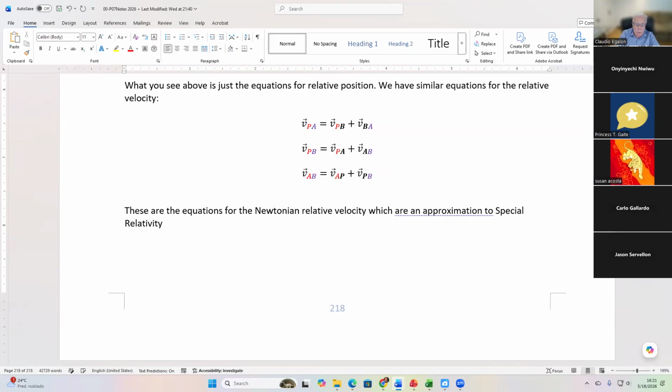Suppose we know the relative velocity of point P with respect to referential A. Then we have something like that. That's the equation for Newtonian mechanics.